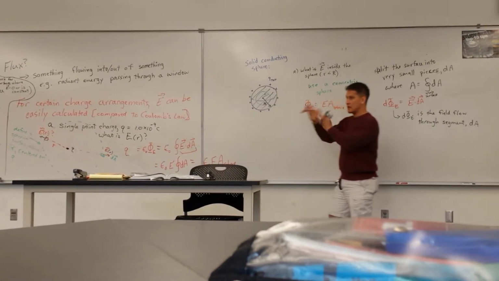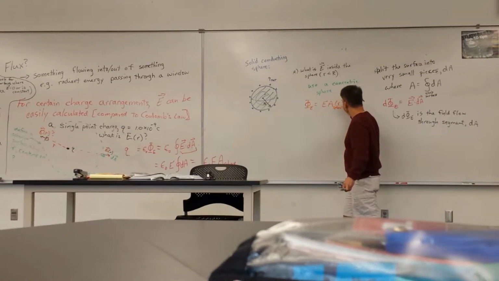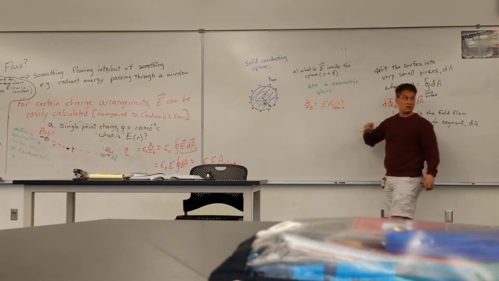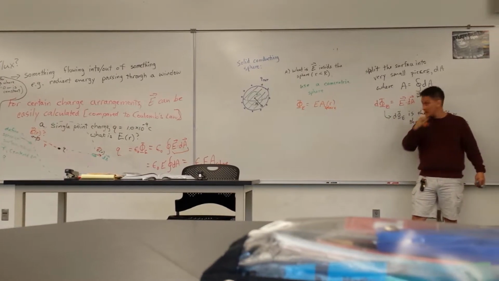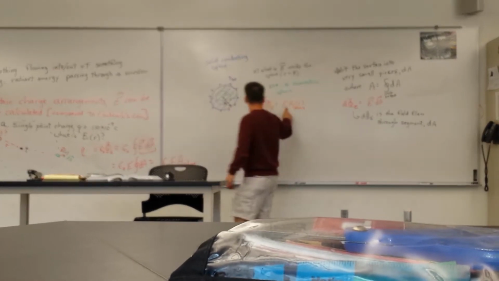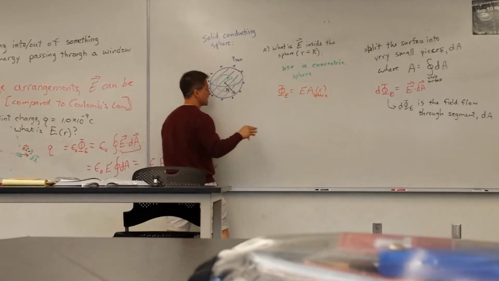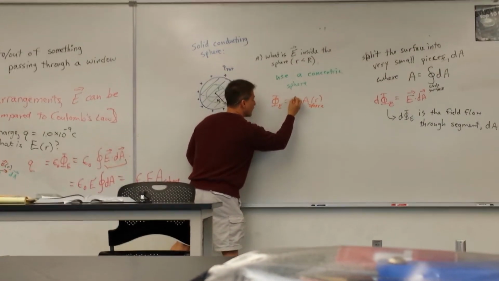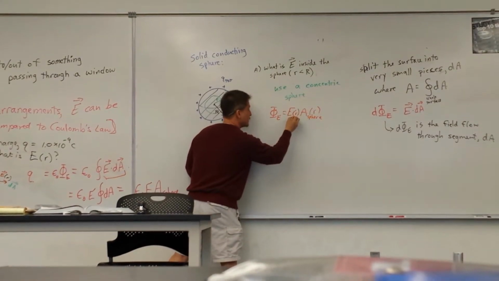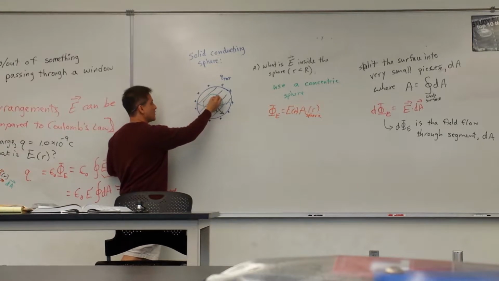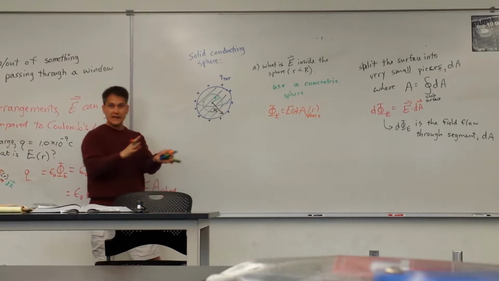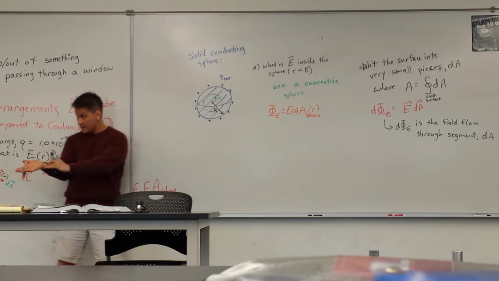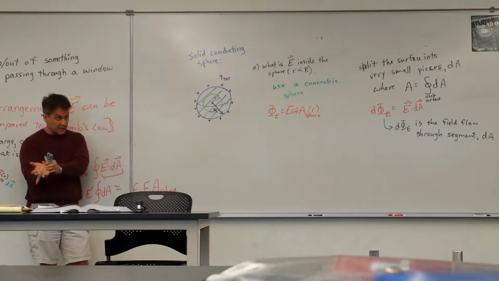And just because we have big R and little r, I'm going to put, it's the area at this distance r. For this particular, and I don't know if it's helpful, but I'm going to say it's the electric field at r as well. Because of the symmetry, whether I'm here, whether I'm here, whether I'm here, at all places, the orientation of dA and E will always be the same.